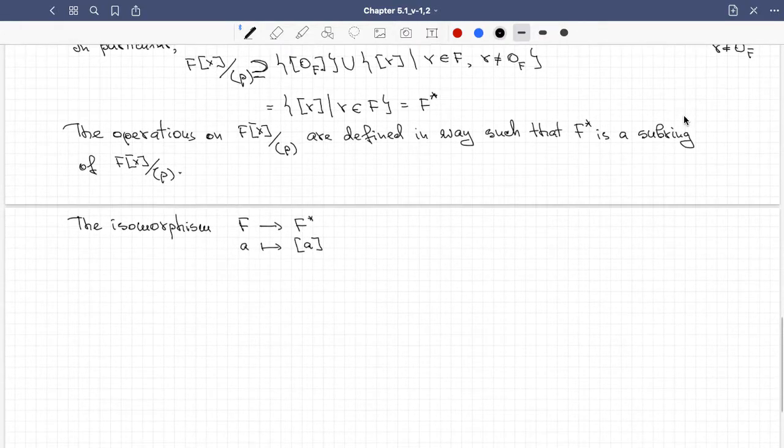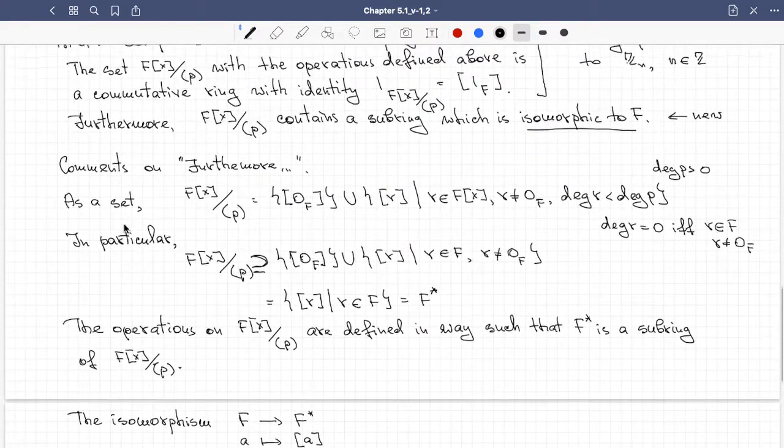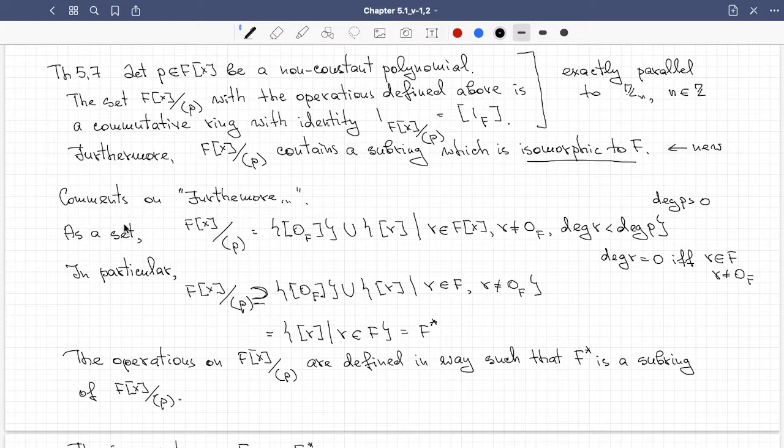Let me also do some remarks about the new ring which we have produced in this way. What happens in a special case? If we execute the same construction, but drop the non-constant polynomial.